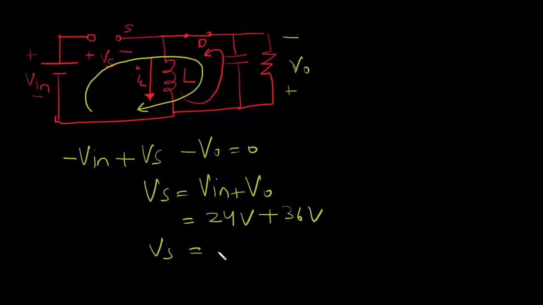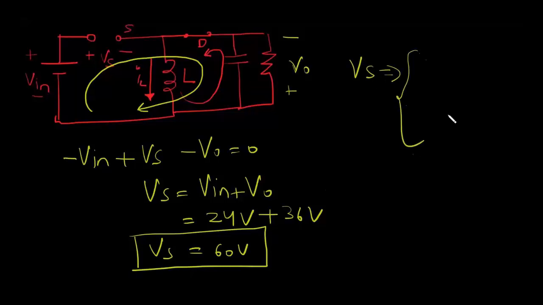So Vs is 60 volt. So the voltage across switch S is 0 when it is on and 60 volt when it is off. The question is asking what is the maximum peak voltage across the switch. So the maximum peak voltage will occur when switch S is off, and it is 60 volt. So this is the answer.